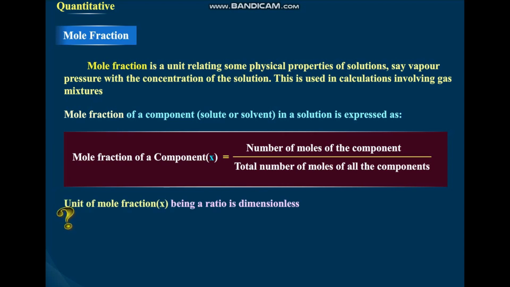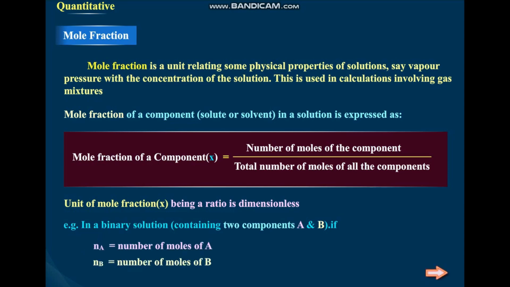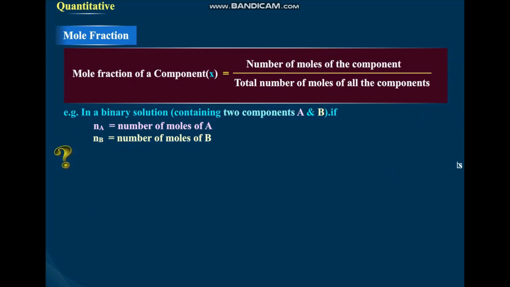Unit of mole fraction, being a ratio, is dimensionless. There is no unit. In a binary solution containing 2 components, say A and B, let Na be the number of moles of A and Nb be the number of moles of B. Then mole fraction of a component is equal to the number of moles of the component divided by total number of moles of all the components.